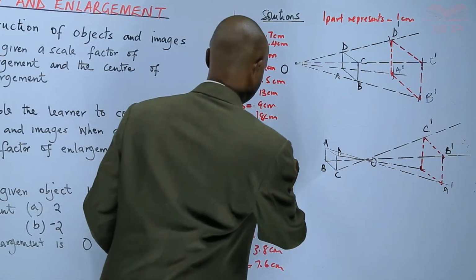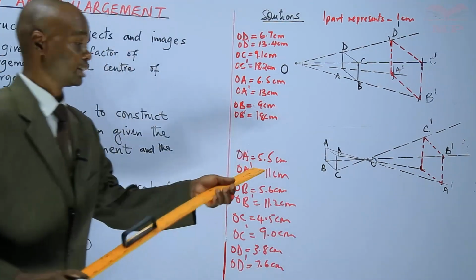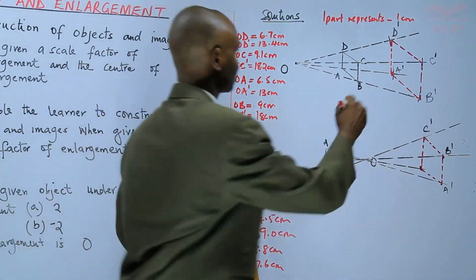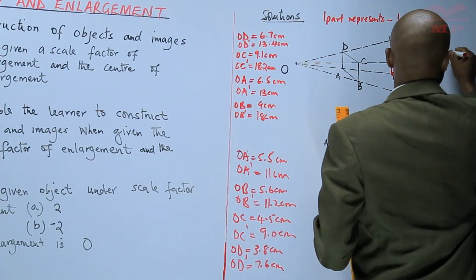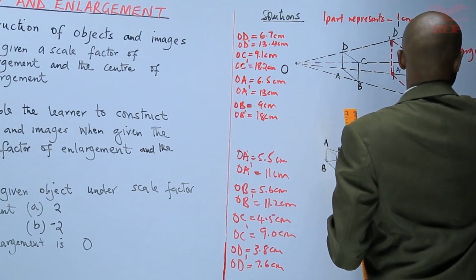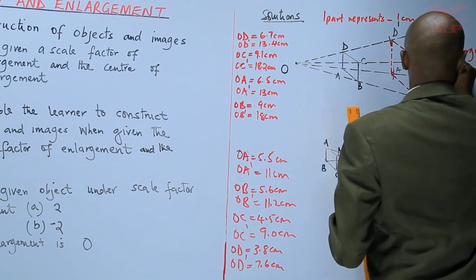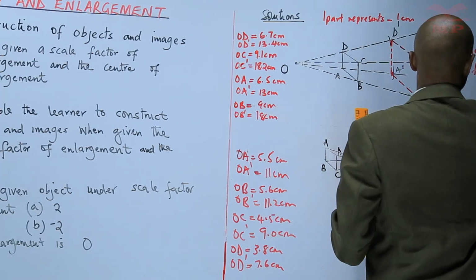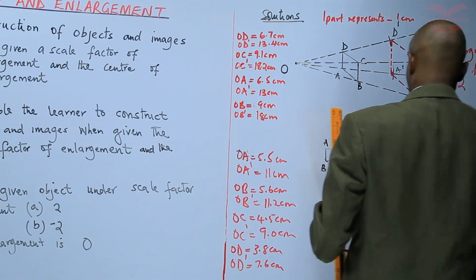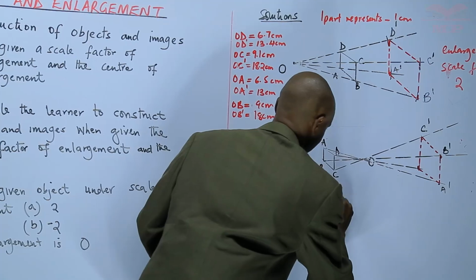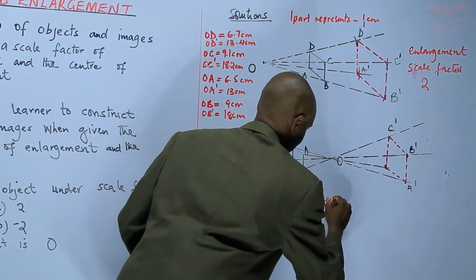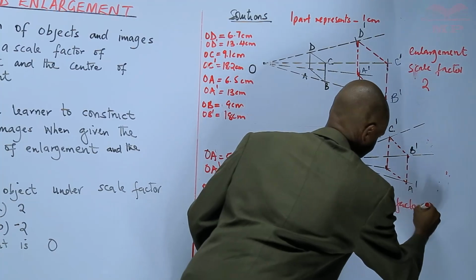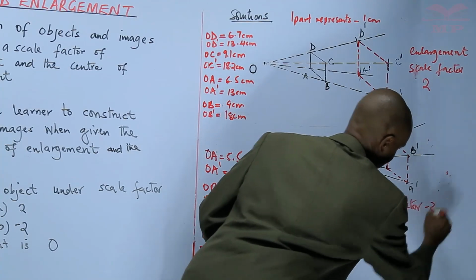So what is happening? The distance from the center is doubling, only that this is a negative enlargement. So this is enlargement scale factor 2, and this is enlargement scale factor negative 2.